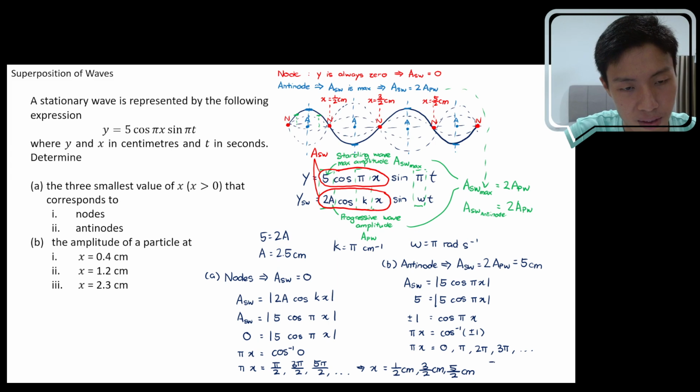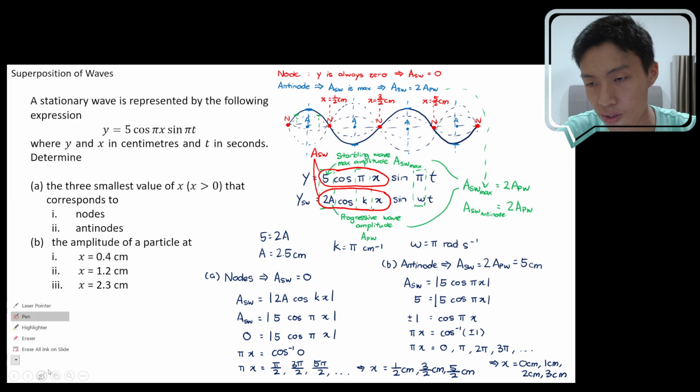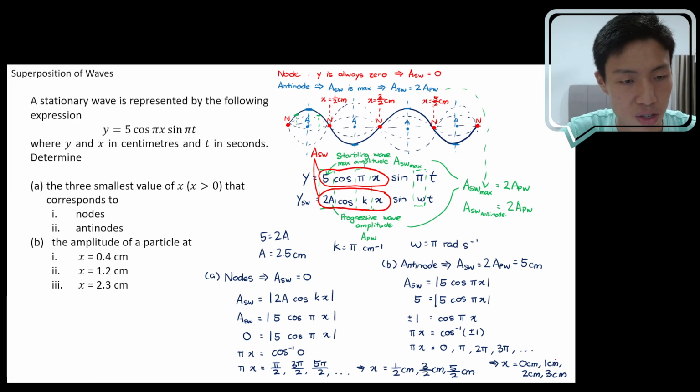So you can see from here that for antinode, x will be equal to 0 cm, divided by pi, you get 1 cm, 2 cm, 3 cm. Okay, so of course they ask for the first three smallest values greater than 0. So these are the first 3.